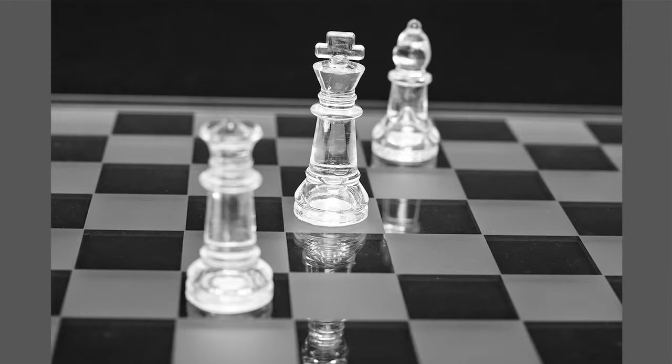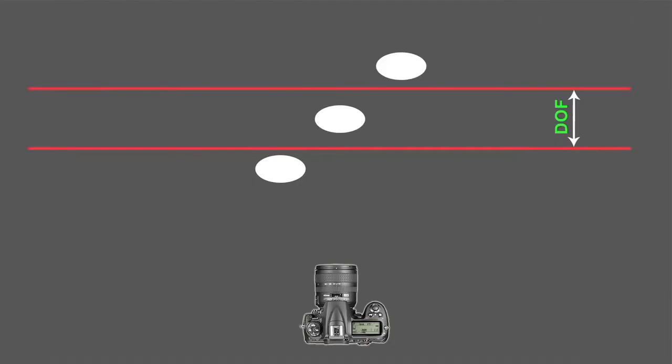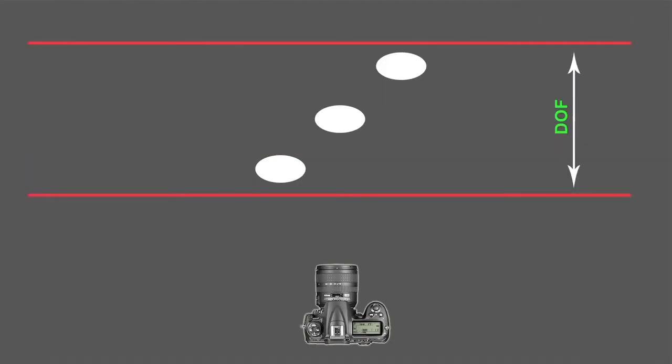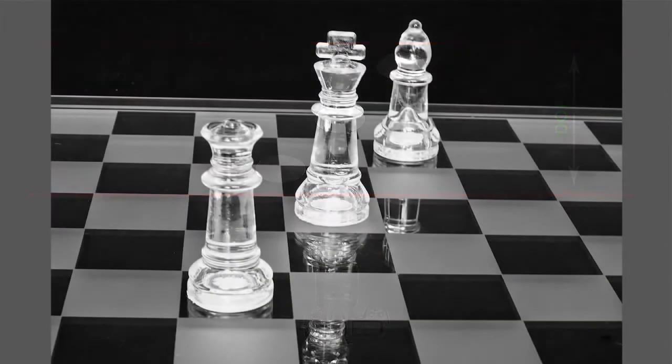But what if we want to keep them in this position but still get all three subjects into focus? Is it possible? Yes, it is possible. All we have to do is to change our depth of field. We have to make our depth of field greater, as it is shown in this diagram. See, all three objects are in focus now.